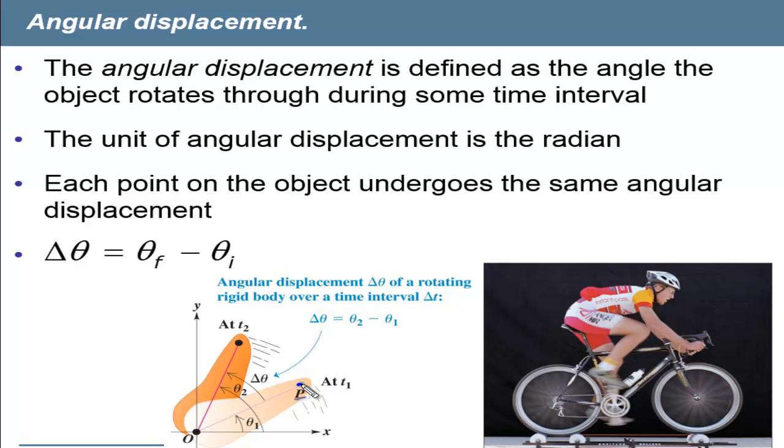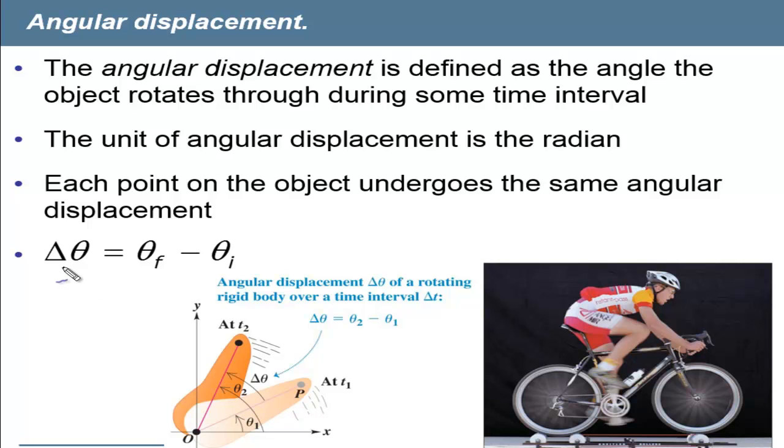So a point here goes from time t1 to time t2 through some angle delta theta, but also some point down here that rotates through to this line, or this point right here, also rotates through some angle delta theta as well. So every point on the object goes through the same angular rotation.